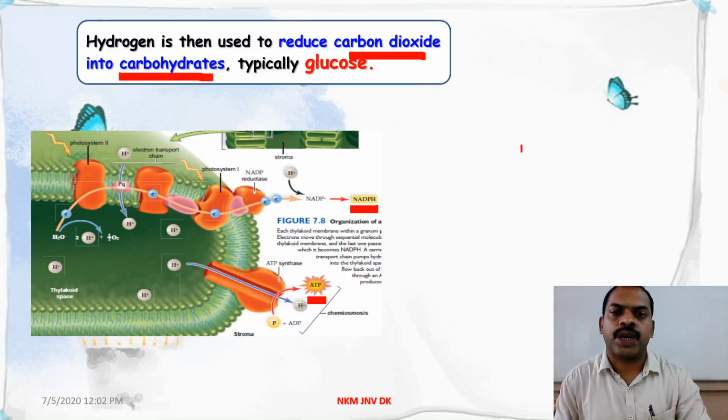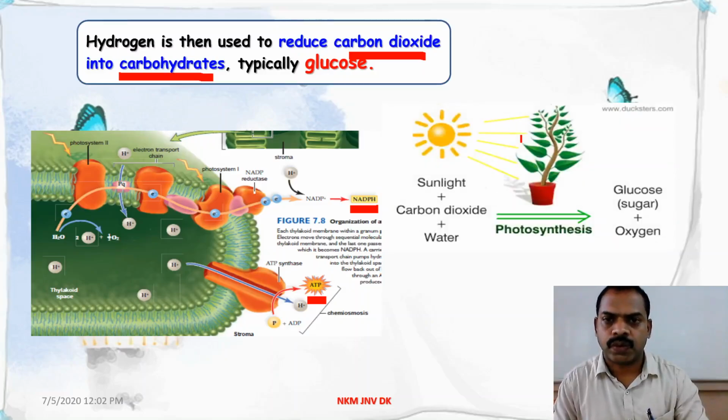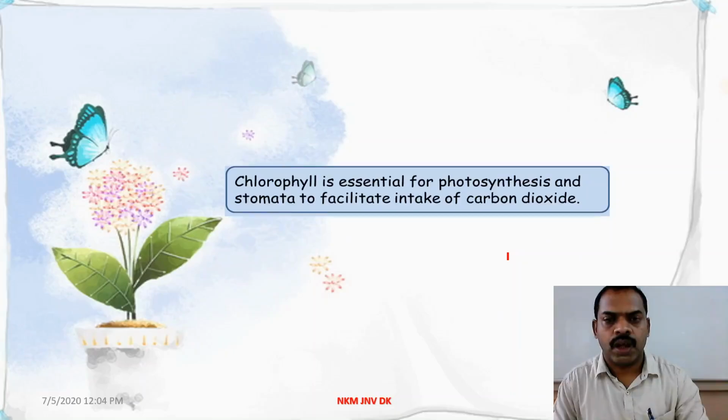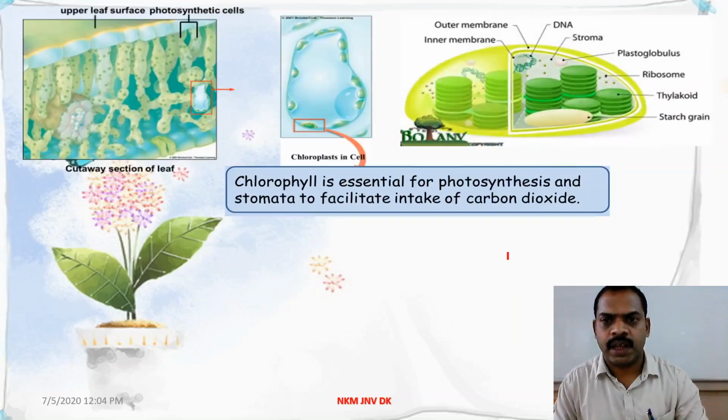The main carbohydrate produced in plants is glucose. The formula is there in the textbook also. You can write it neatly in your notebook. Another important thing I told you: chlorophyll is essential, and the stomata facilitate the intake of carbon dioxide.